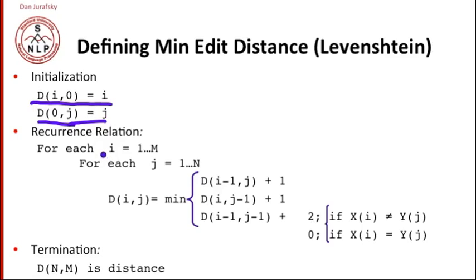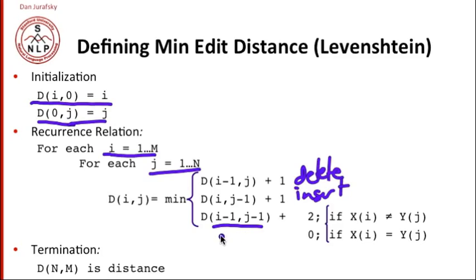Walking through string x and walking through string y, the distance in any particular cell of our matrix is going to be the minimum way of getting to that cell from 3 previous cells. If we go from the string i that's one shorter, we're deleting one more thing in i to make it j, or we're inserting one thing into j to make it longer, or we're substituting between the previous string x of length i minus 1 and y of length j minus 1, adding in a new character.